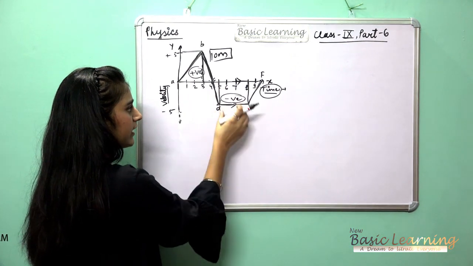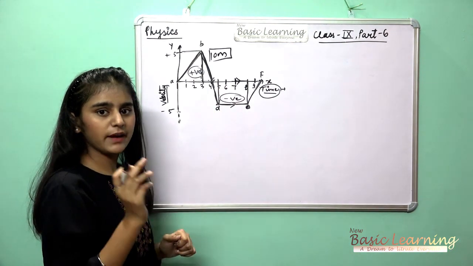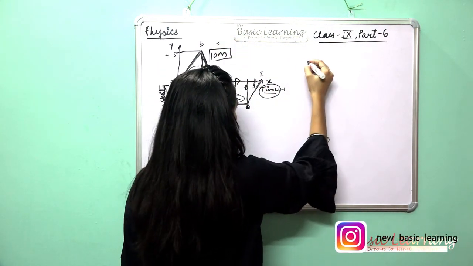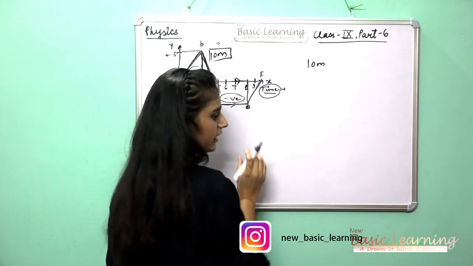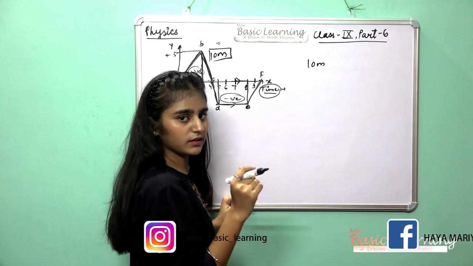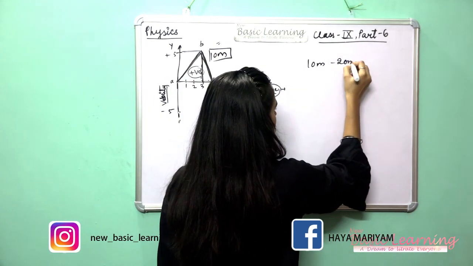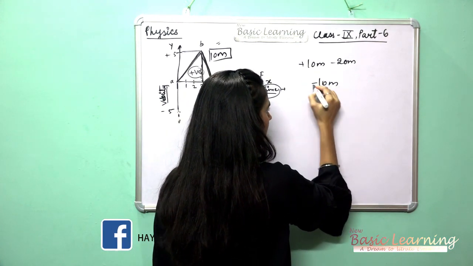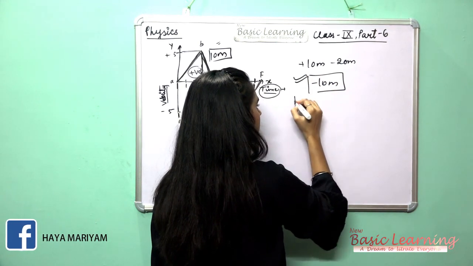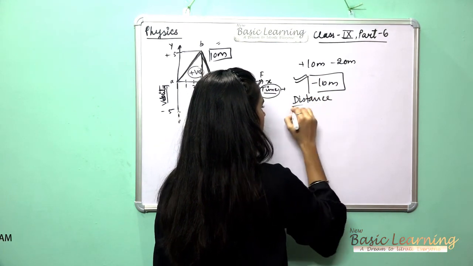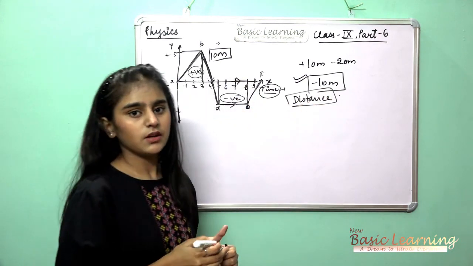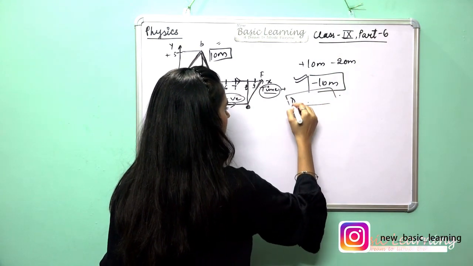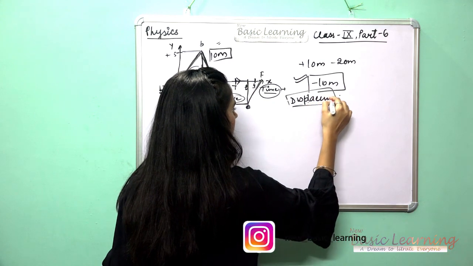So when we add the area of triangle and the area of trapezium by focusing on signs, then we get the displacement. The area of triangle is 10 meter, and the area of trapezium is -20 meter, so plus minus minus, we get -10 meter. So this was the displacement.